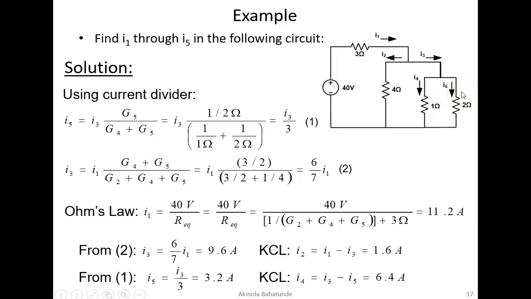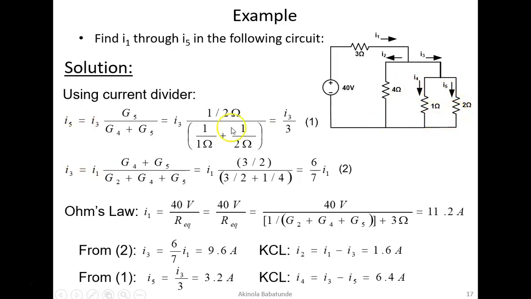Or if you choose to use conductance, it becomes I5 equal to the source current I3 multiplied by the conductance G5 divided by the parallel conductance in the circuit.